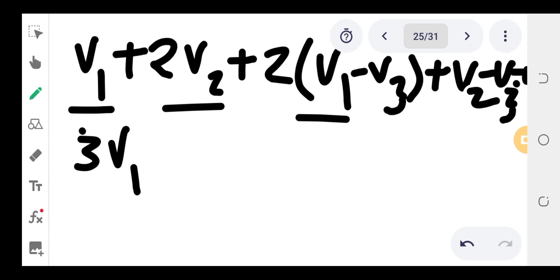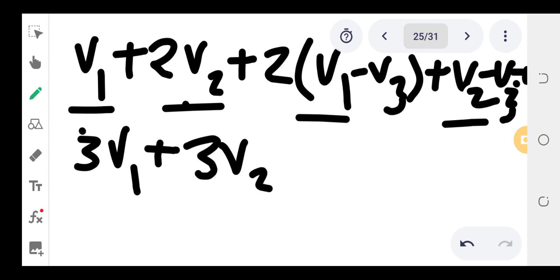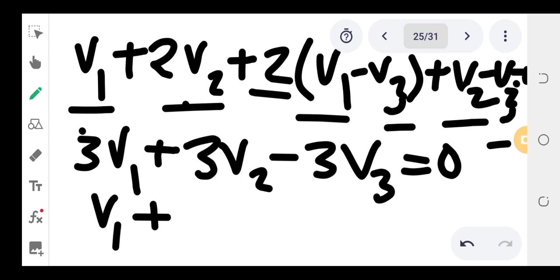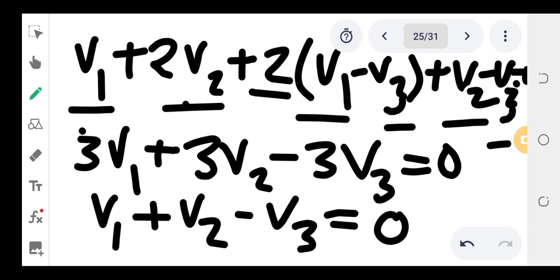So I've got 2V2 plus V2, which gives plus 3V2. Then I also have minus 2V3 minus V3, so I'm getting minus 3V3. The sum of this must be equal to 0, so we can divide throughout by 3. Dividing throughout by 3, I'm getting V1 plus V2 minus V3, and the sum of this must be equal to 0.